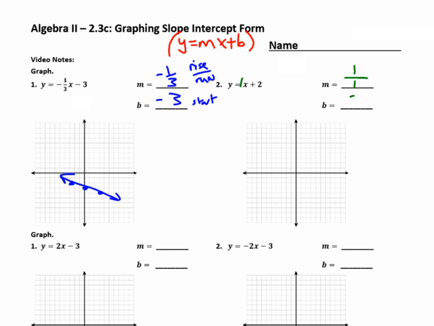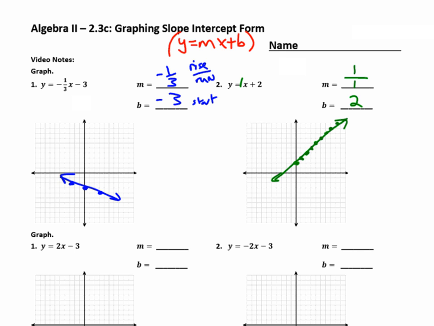The constant number at the end is a 2. I want to start with my y-intercept, so I start with 2. And then I do rise over run, which means I'm going to go up 1 and right 1. Up 1, right 1, up 1, right 1. It's such an easy graph that I want to keep drawing as many as I want to. But now I'm done. So here's my line.